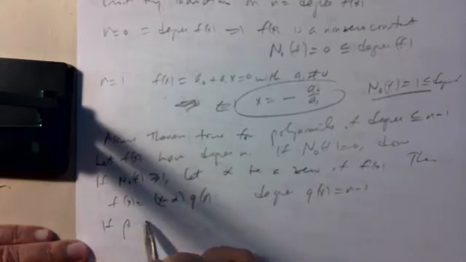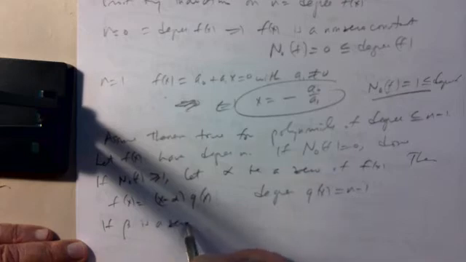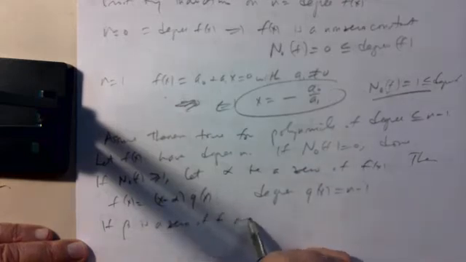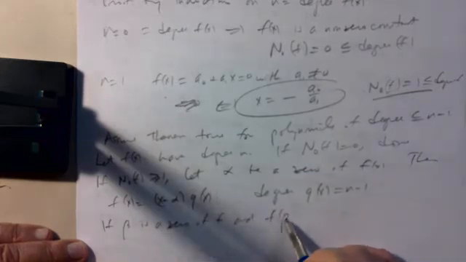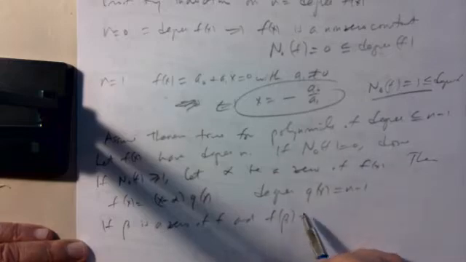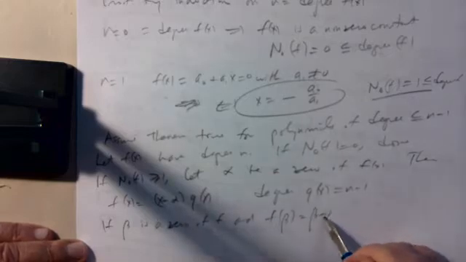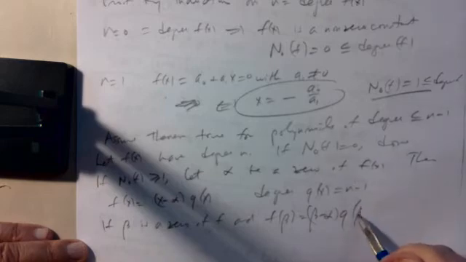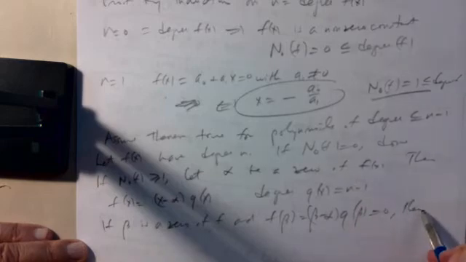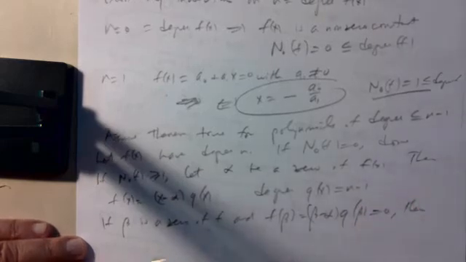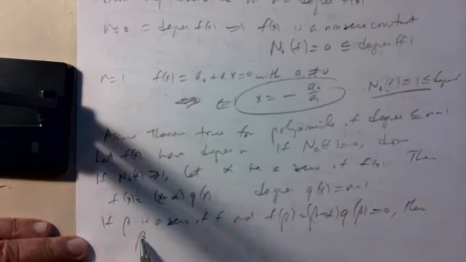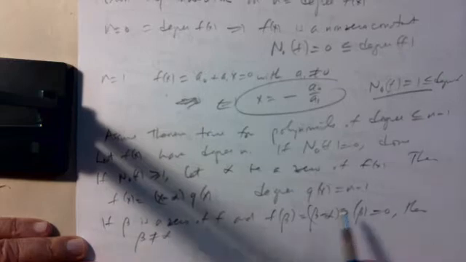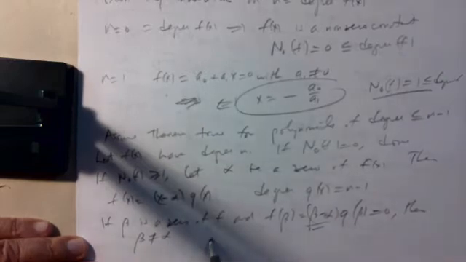If beta is a zero of f, what is f of beta? Beta minus alpha times q of beta is 0, then, so if beta is a zero of f and it's not equal to alpha, this isn't 0, so q of beta is 0.